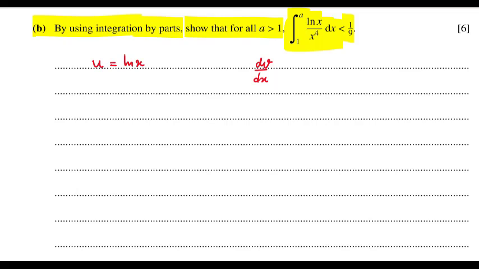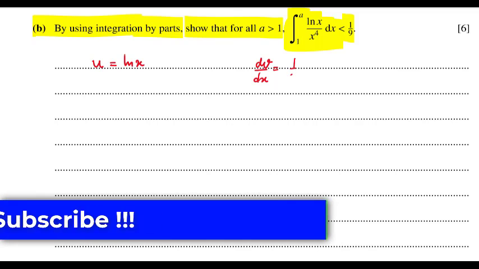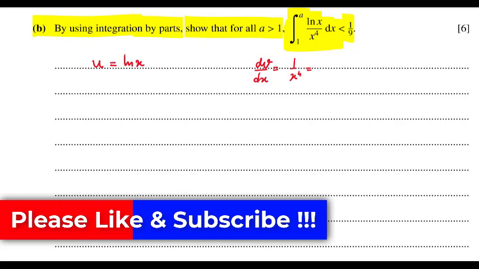Anyway, if we forgot that there is such a method, we can simply think of ln x. We don't know the integration of ln x directly, so we will take ln x as the first function, and the remaining, that is the second function, as 1 upon x to the power 4 as dv over dx, or we can say x to the power minus 4.